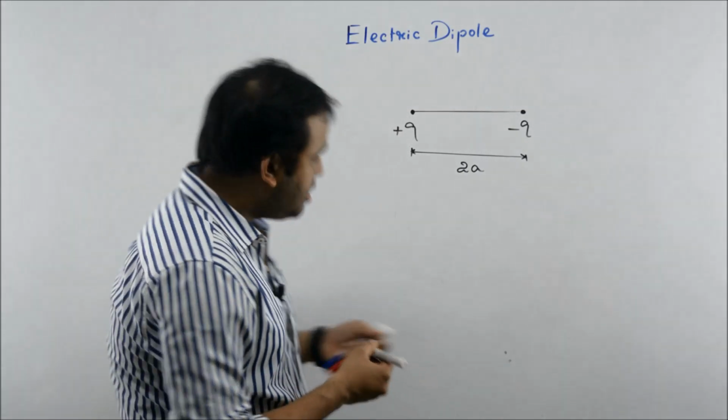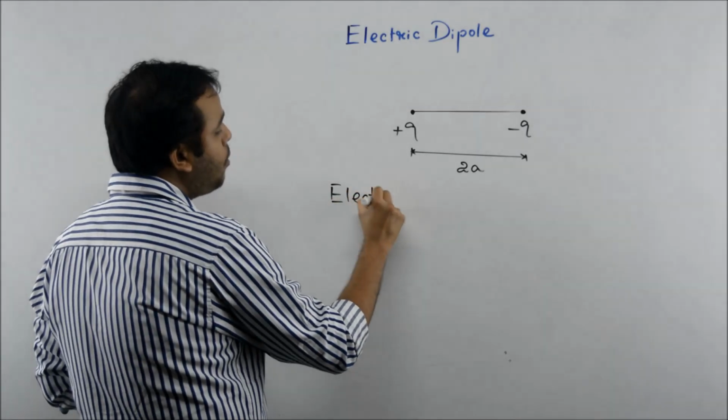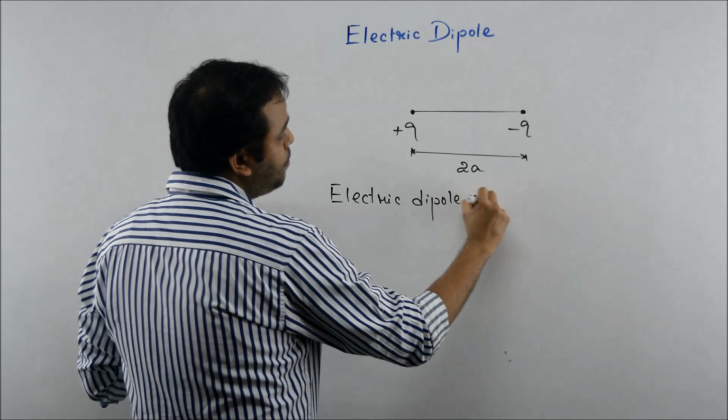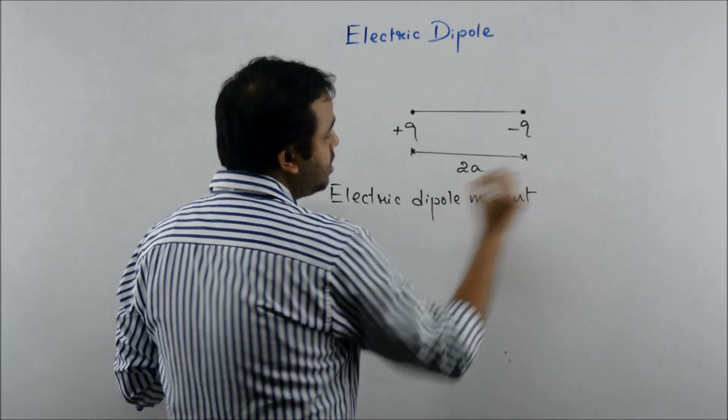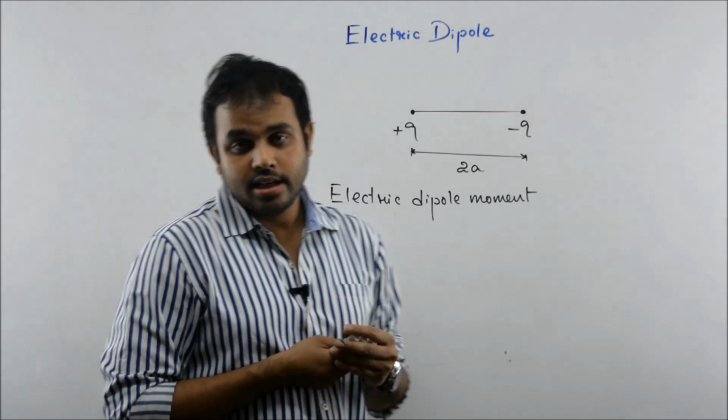Now there is a physical quantity called electric dipole moment. Clear, students? Now what is electric dipole moment?